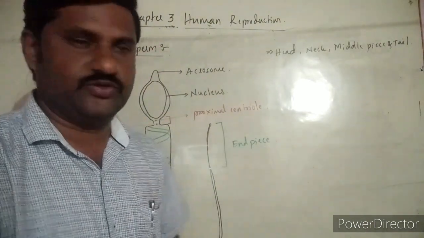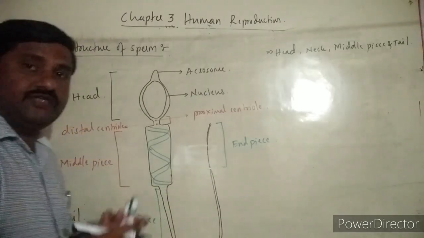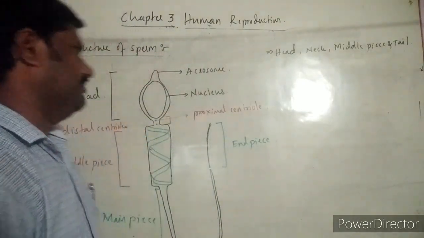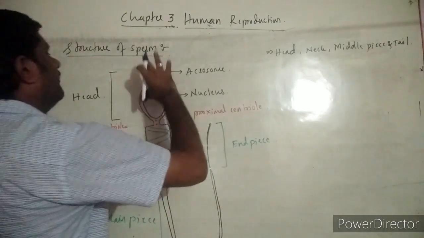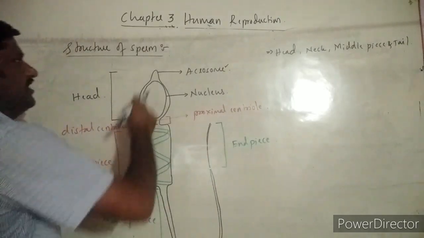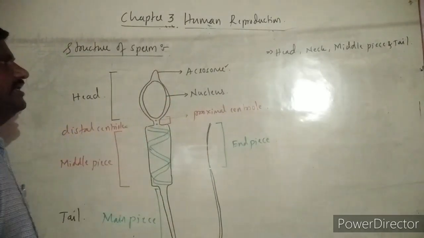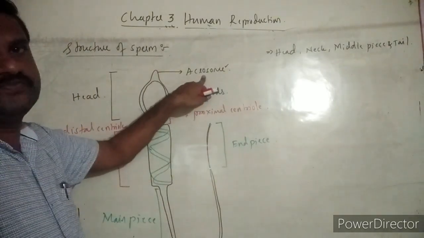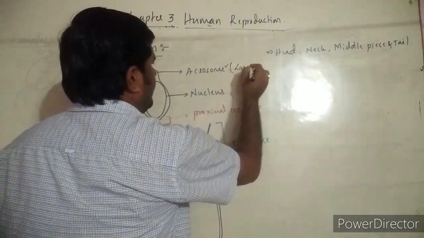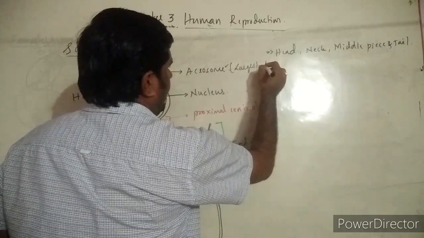One by one I am going to explain, and you go on noting down all the points related to this sperm. The head mainly consists of the acrosome, the tip portion of the head, and this acrosome is nothing but the largest lysosome.